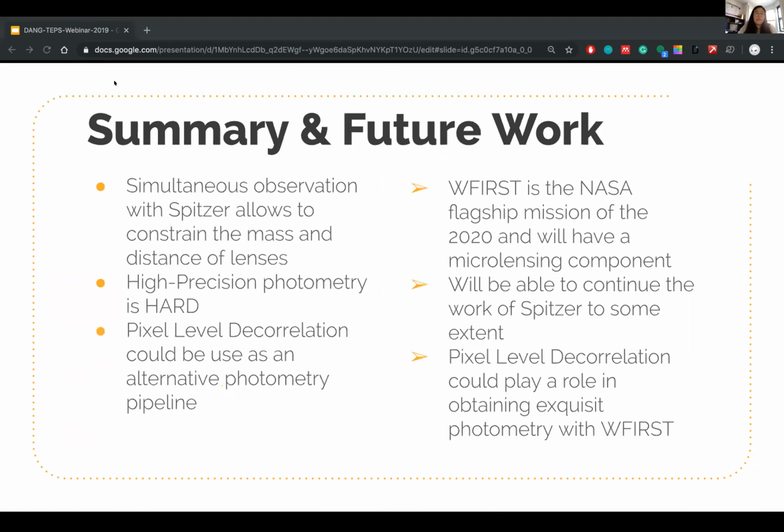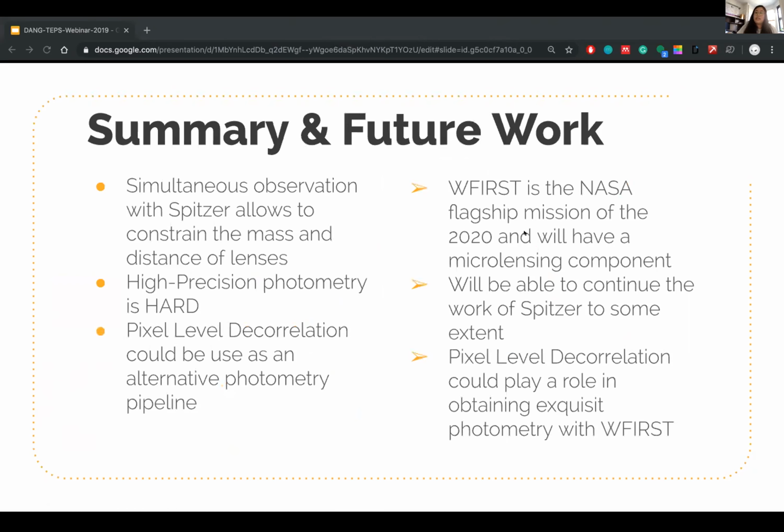For the future, for those of you who don't know, Spitzer is coming towards the end of its mission. By January 2020, Spitzer will no longer take observations, but luckily, in the future, WFIRST, which is the next NASA flagship mission after James Webb, will have a big microlensing component, and to some extent will be able to continue the work of Spitzer.